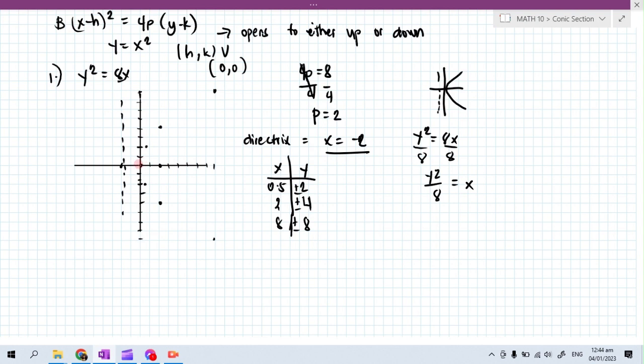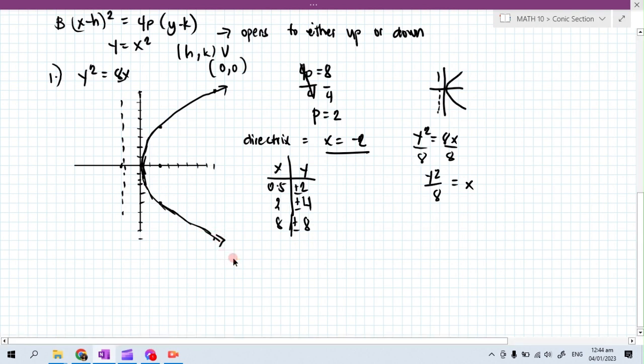So we can now graph our parabola. It will look like this. There we go. So our parabola will somehow look like this.